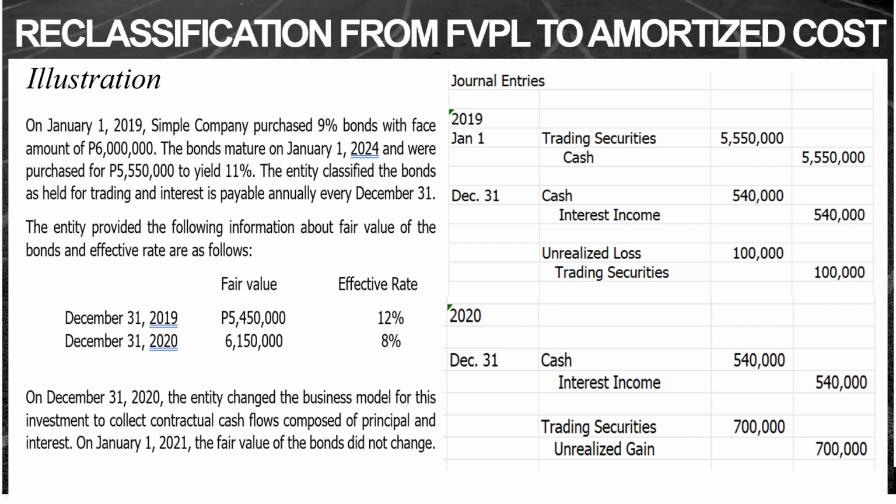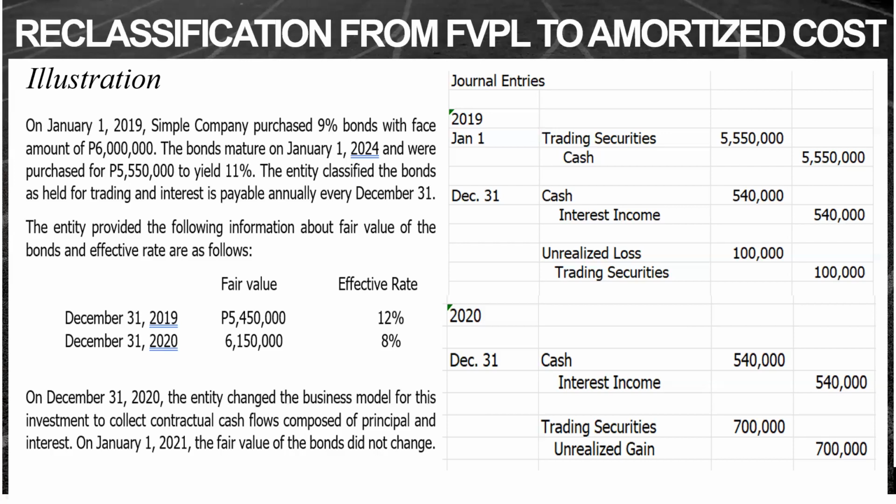So, ano nga ba ulit yung gagawin natin pag nag-change tayo ng category from fair value through profit or loss to amortized cost? Ang sabi, yung fair value on reclassification date, yun na yung magiging carrying amount mo na invested in bonds mo to be amortized, or under the new category of financial assets at amortized cost.